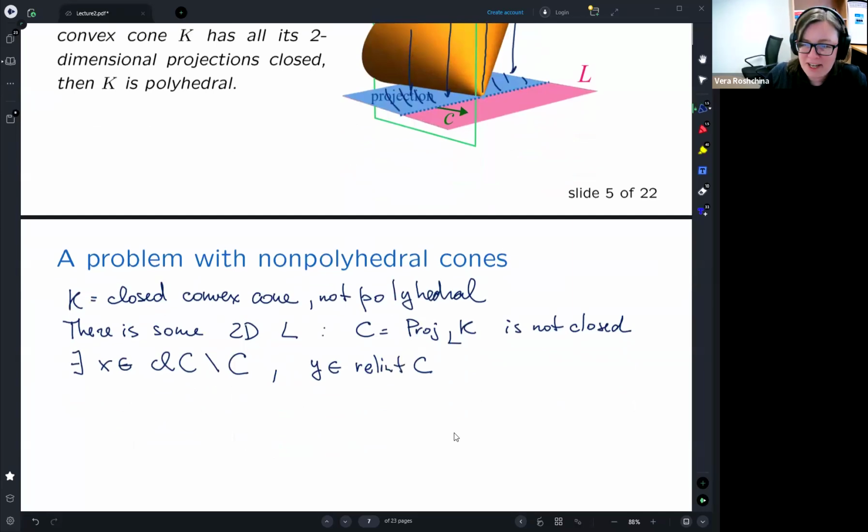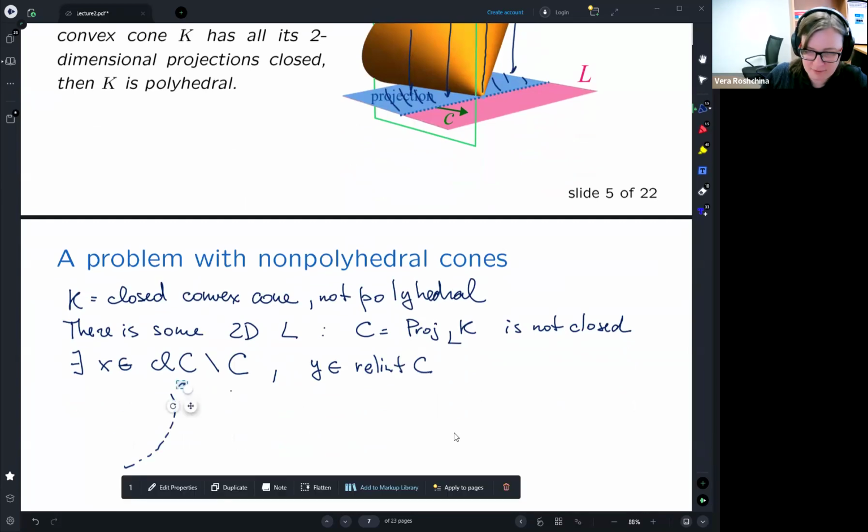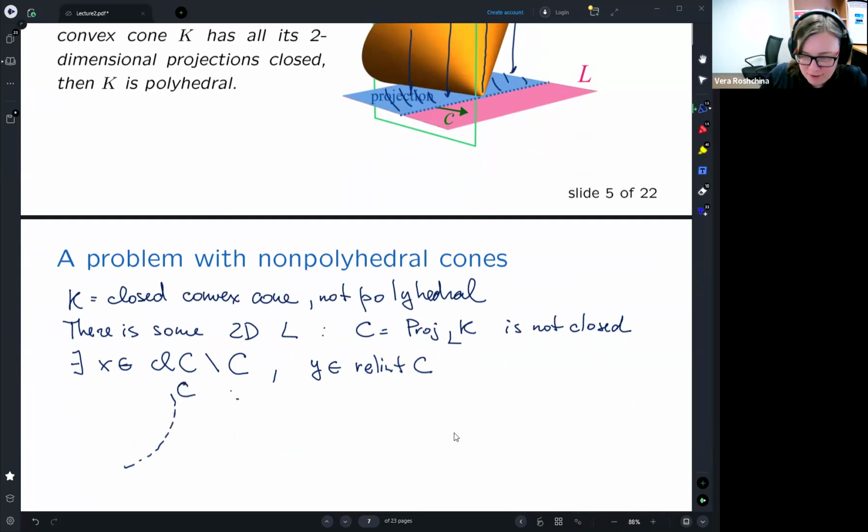So now, if I have something in the relative interior and something on the boundary of my set, then what will happen? So I have my set C, and I have my boundary.